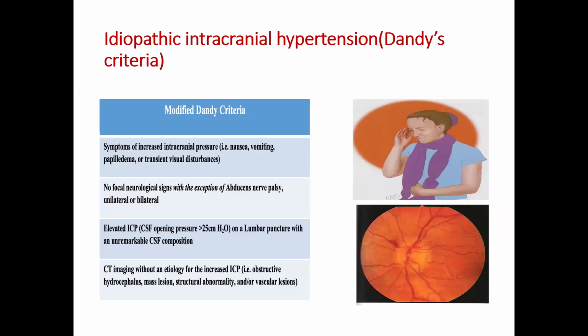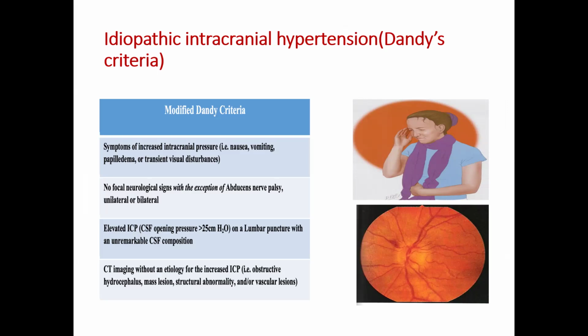Idiopathic intracranial hypertension, described with the Dandy criteria. I just had a patient with idiopathic intracranial hypertension. It was a girl, 12 years old, with severe headaches.